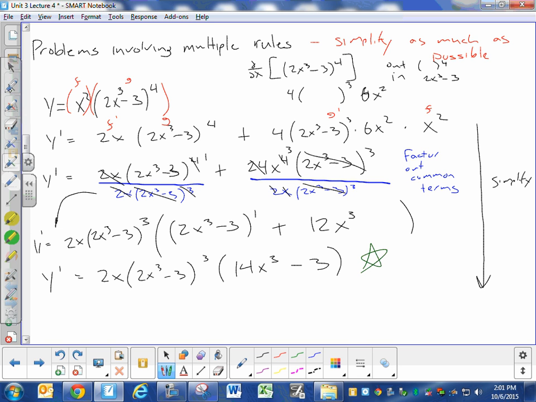It might even be one step further, and it might be with the 2x distributed in here to make this 28x to the fourth minus 6x. Might be like that. Okay, but this is what you need to be prepared for in terms of simplification.